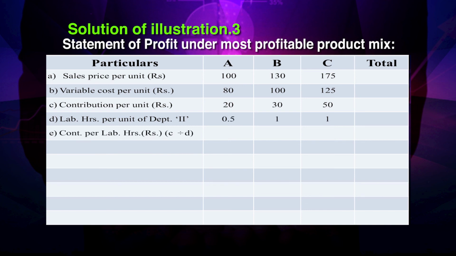Contribution per labor hour, that is C divided by D, for A it is 40, B it is 30, C it is 50. Based on this contribution per labor hour we will give the ranking of the products.